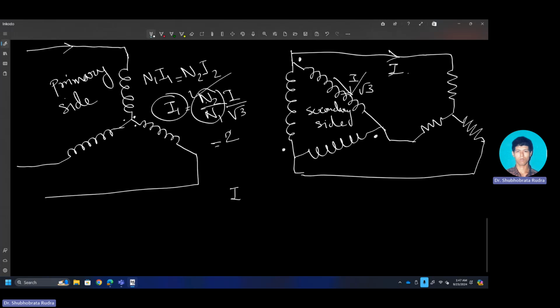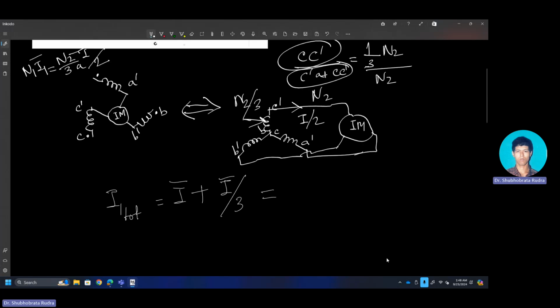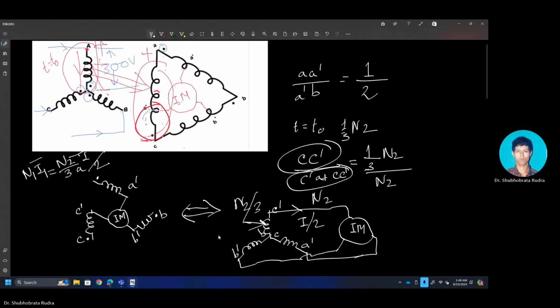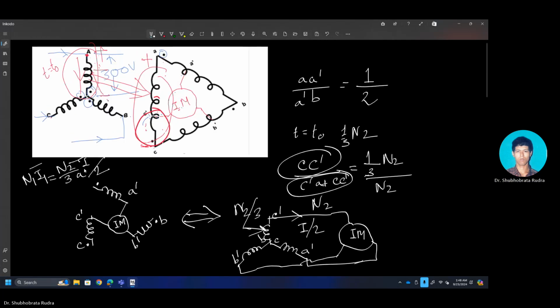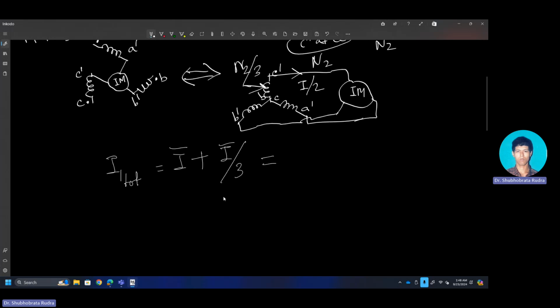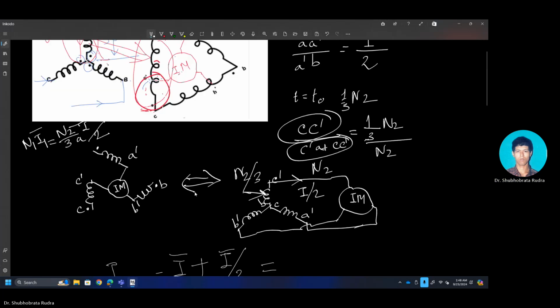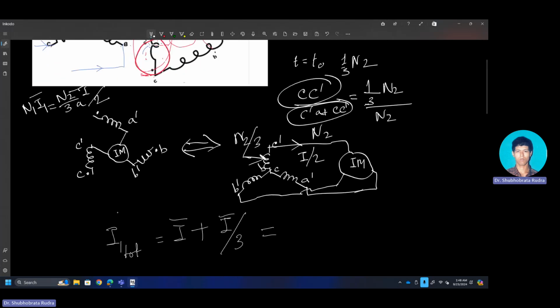So I1 is equal to 2I by root 3 as a phasor, plus what you have for the other part. For the other part you have this, right? Sorry, just ignore this, it is something else.